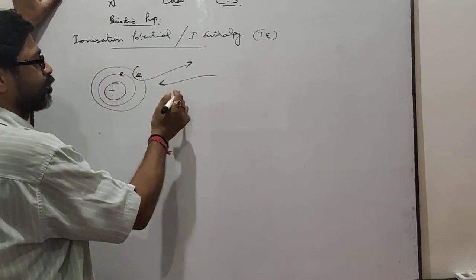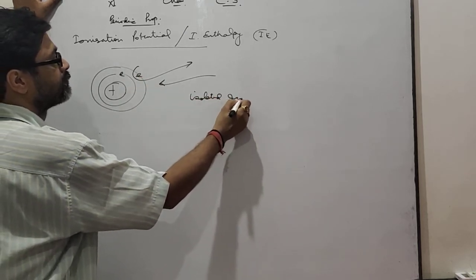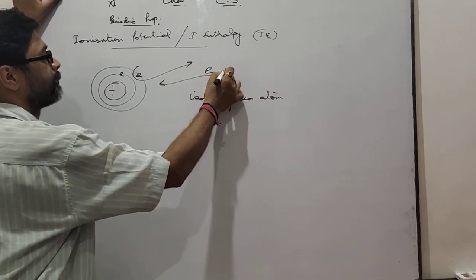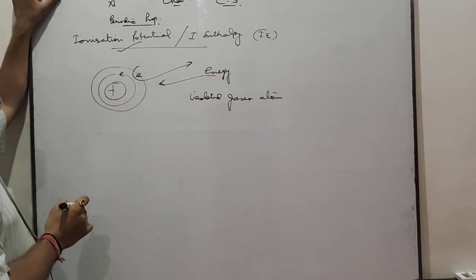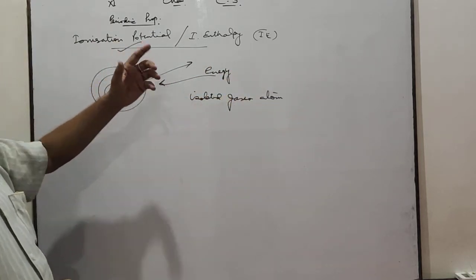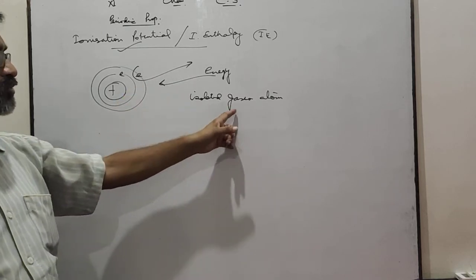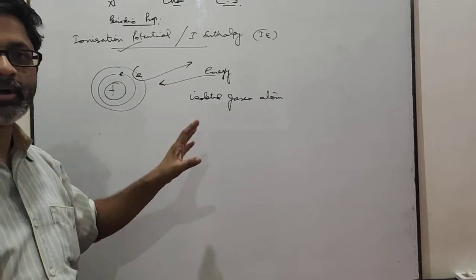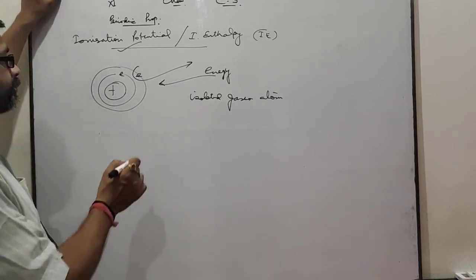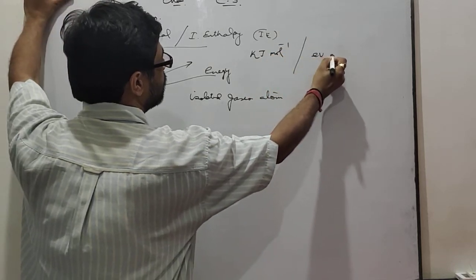To remove an electron from an isolated gaseous atom, the energy required is called ionization potential or ionization enthalpy. What is ionization potential? The amount of energy required to remove an electron from an isolated gaseous atom is called ionization potential or ionization enthalpy. It is expressed in kilojoule per mole or in electron volt per mole.